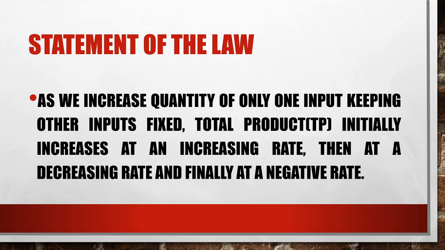Phase 2 is TP increases but at a decreasing rate, and along with it MP decreases but it remains positive. Phase 3 is TP falls, it is negative, and marginal product is negative. So this law gives us three phases.